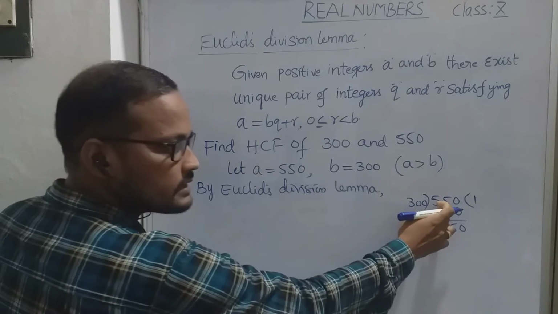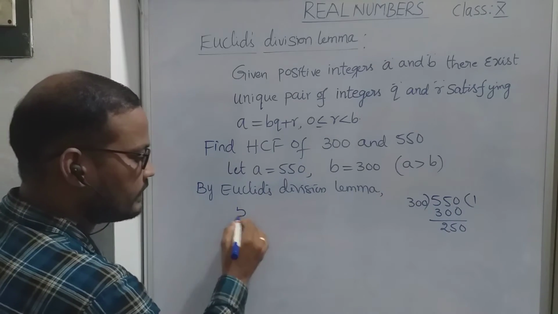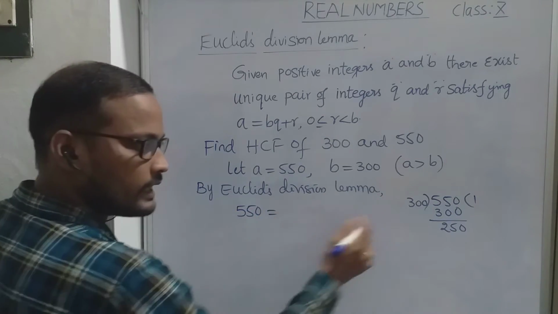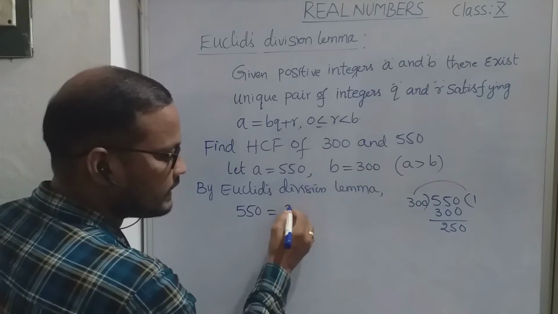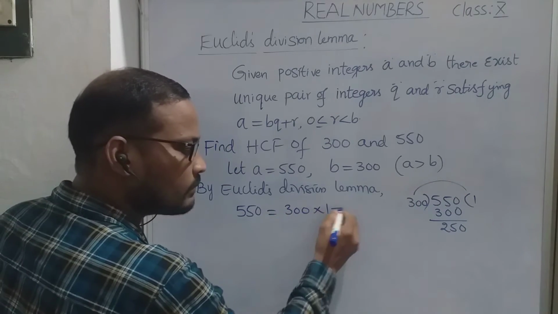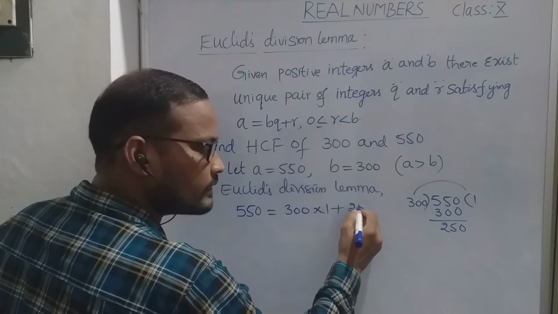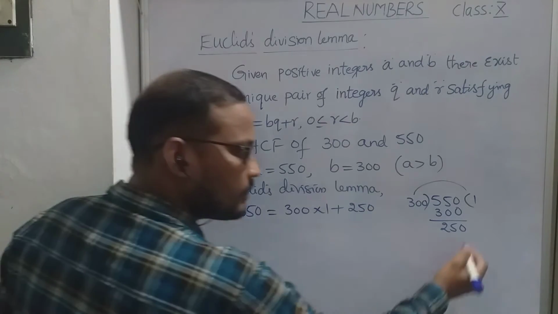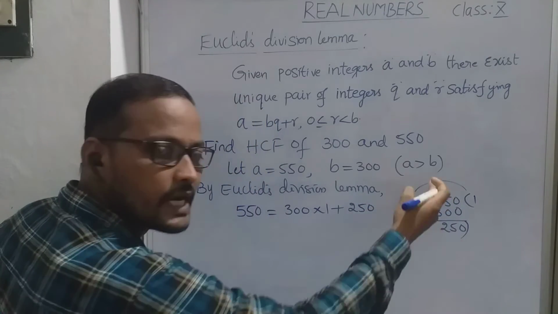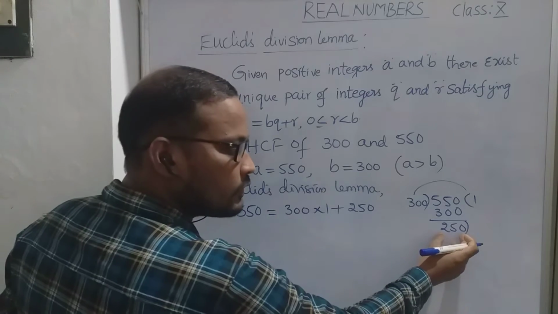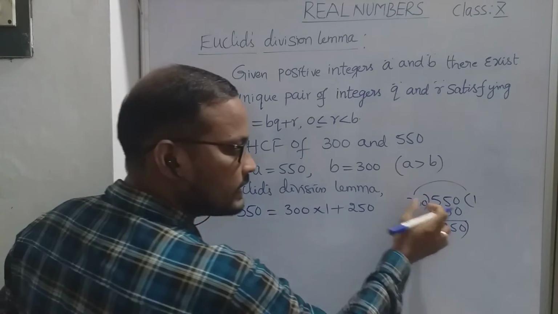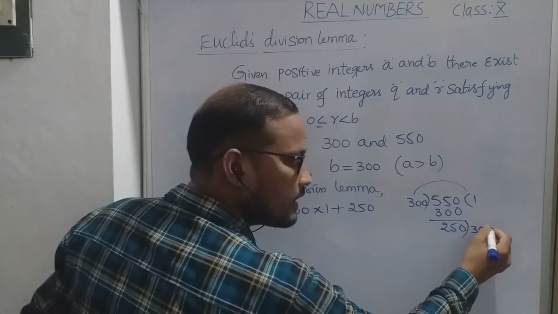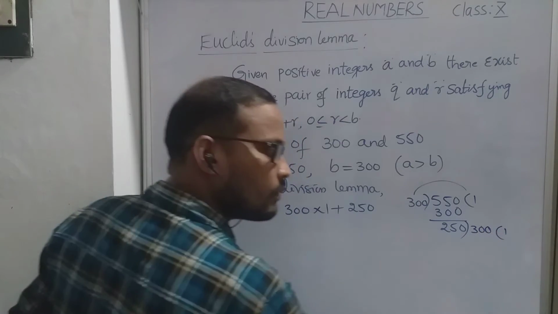Now what is the dividend here? 550. 550 is equal to divisor into quotient, that is 300 into 1, plus remainder 250. Now until you get the remainder 0, you should continue the same procedure. So here 250 is taken as divisor and 300 is taken as dividend. Again you have to divide, how many times? One time.